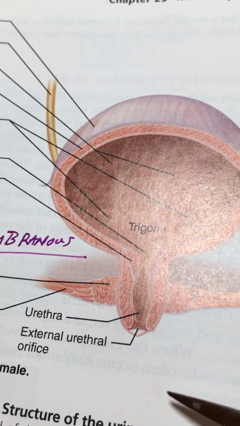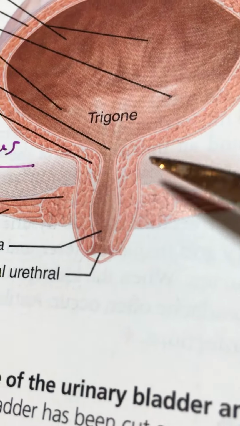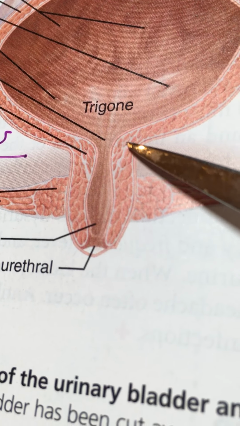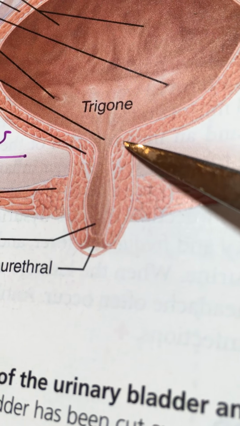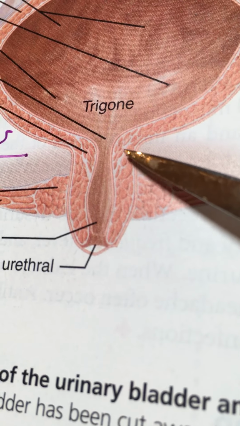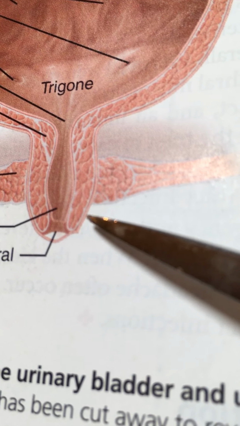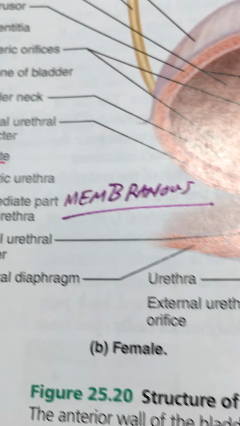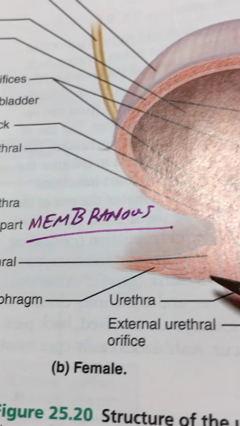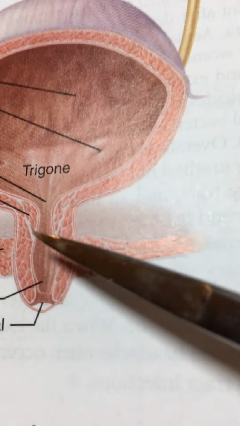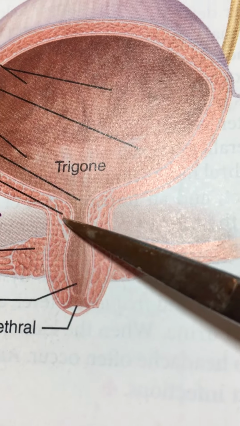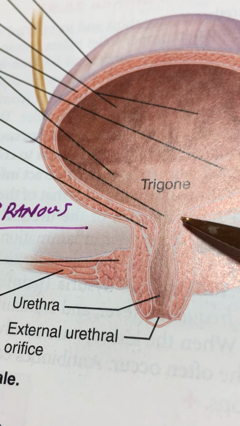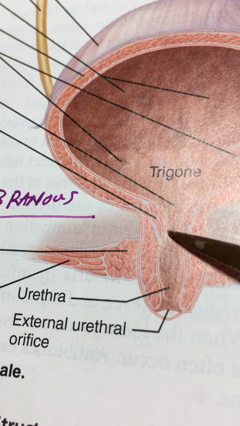Detrusor muscle right here. And here we have much closer in proximity the smooth muscle involuntary sphincter compared to the voluntary sphincter, which is the external urethral sphincter right out here. So compare the position of those two muscles close together. This is only about 1.5 inches of length right here to the urethra.